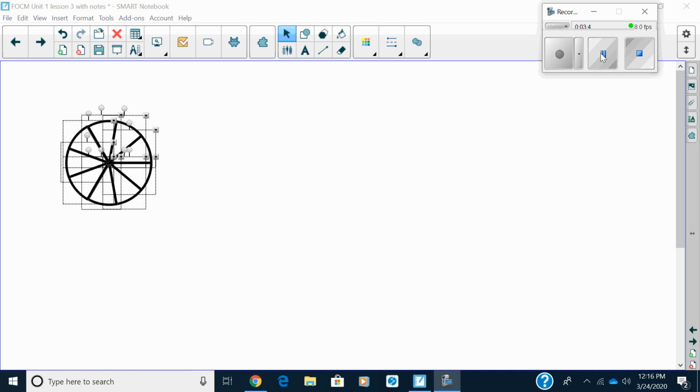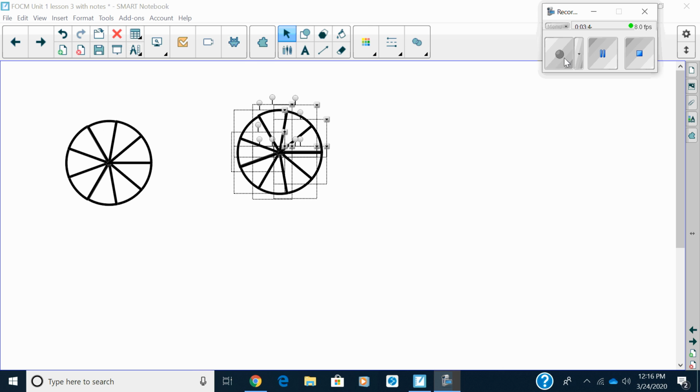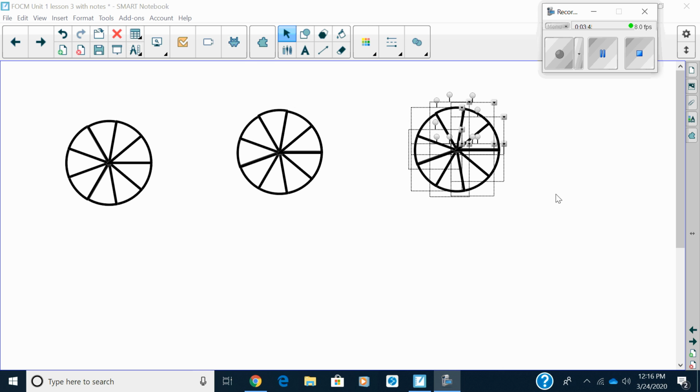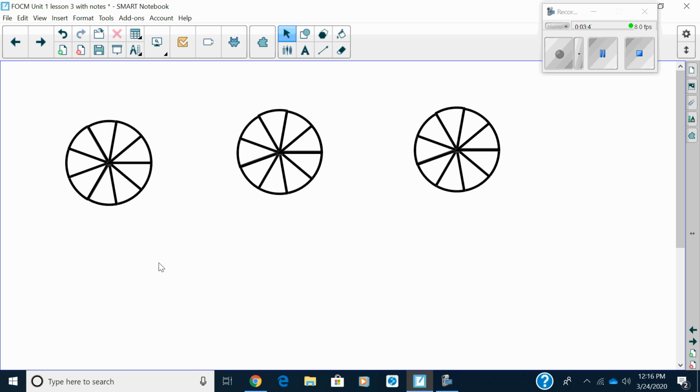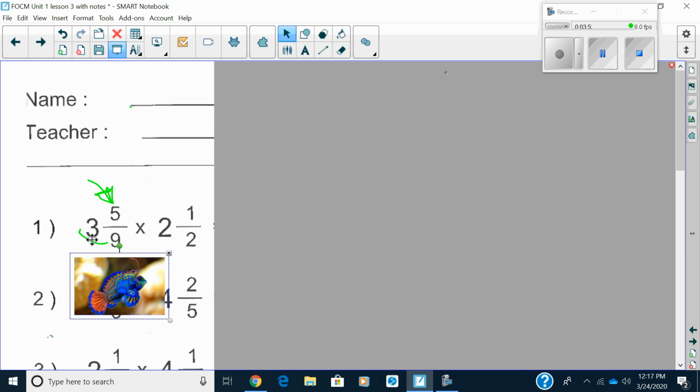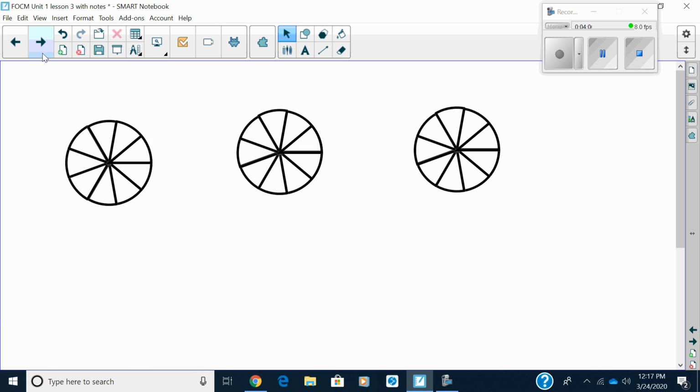Now I have 2 pies. Now I have 3 pies, and they all have 9 slices. The 3 represents that right there. 3 whole pies with 9 slices.